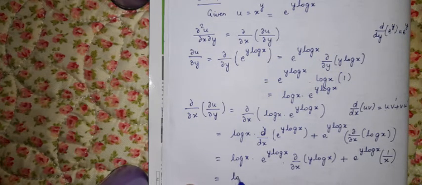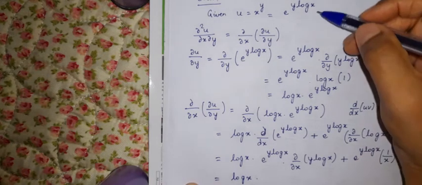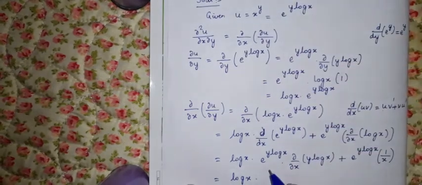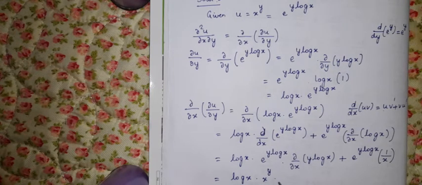It is equal to log x into, instead of this e^(y log x), we have x^y. So you can replace this by x^y into, now what is this when differentiated with respect to x? Here you are differentiating with respect to x, so y will be a constant. Take y outside.